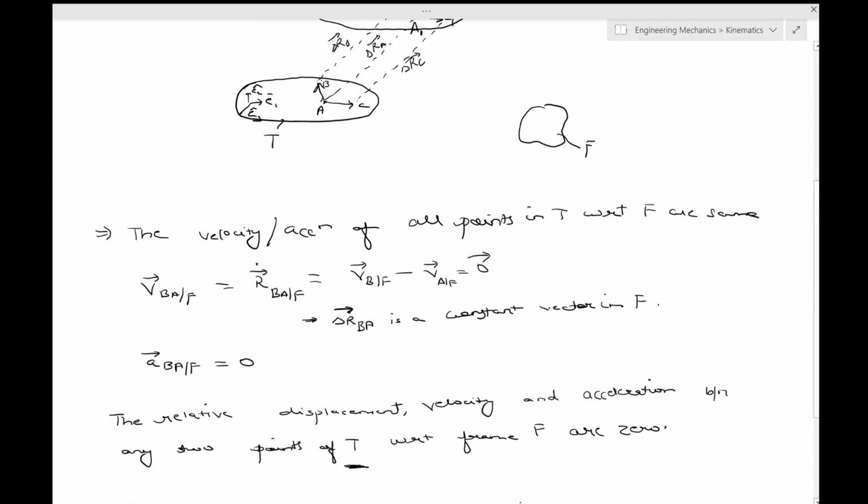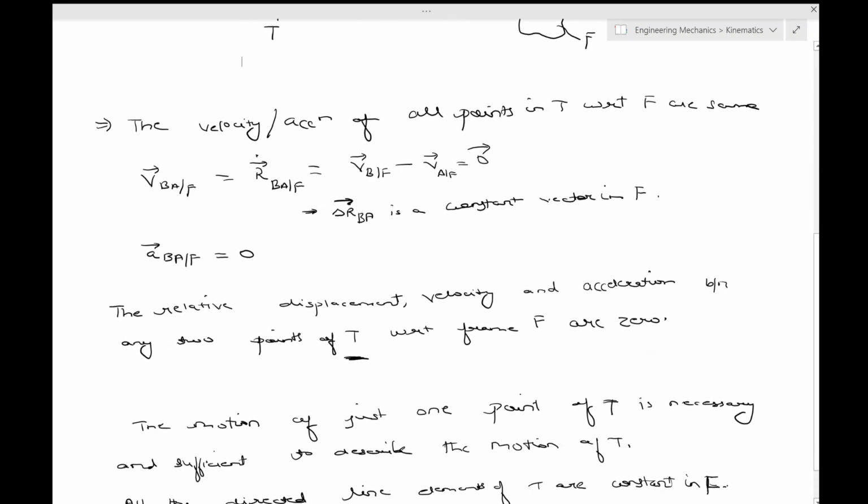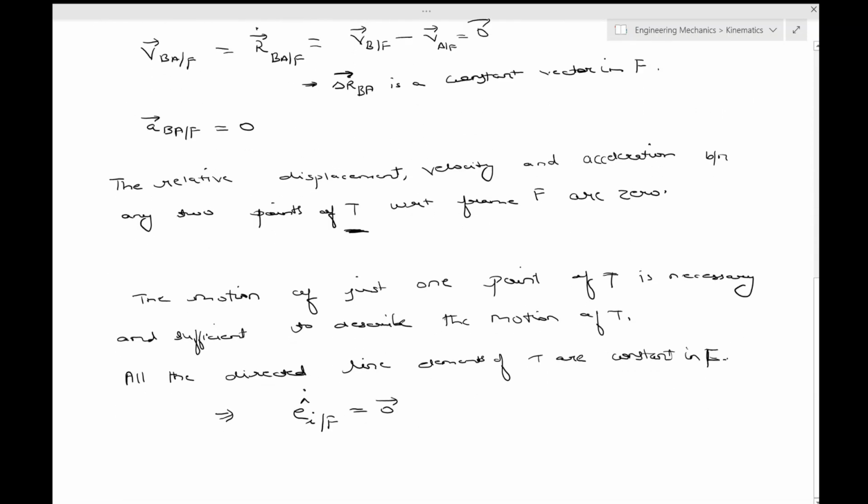Well, take this directed vector E1. Let's say it's between this and this point initially. Now since this will translate to the same description, this will also have the same displacement. So E1 will always remain like this in this translation, and that is why E1 dot with respect to the F frame will always be equal to 0.